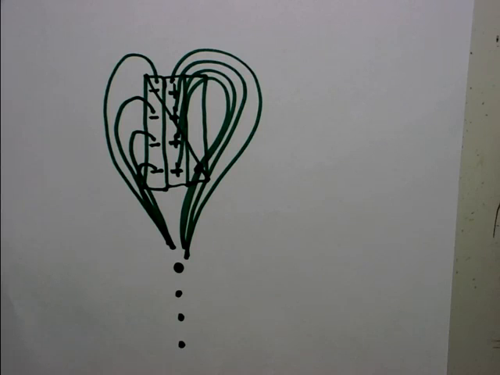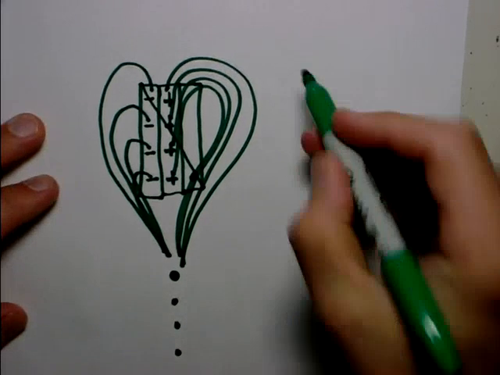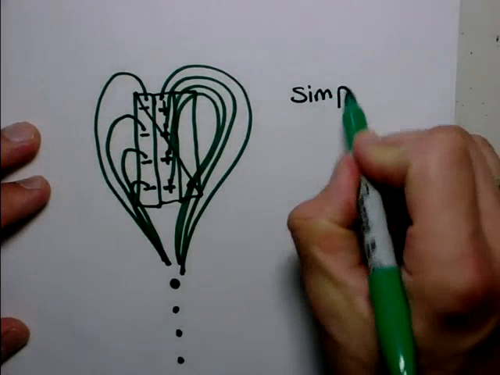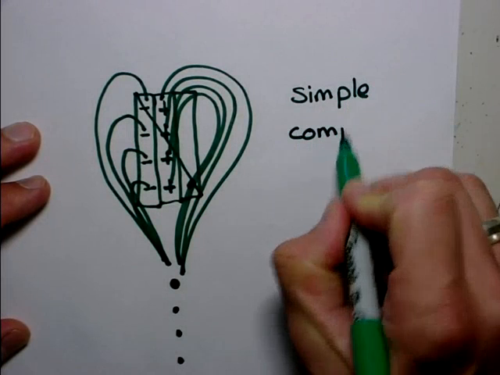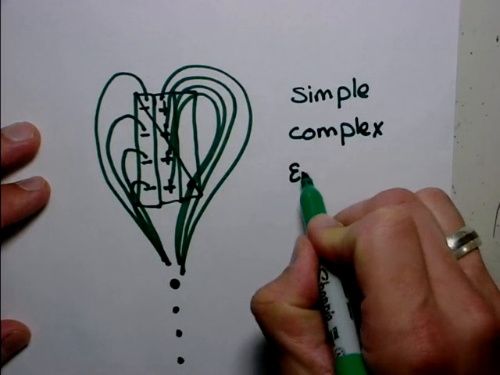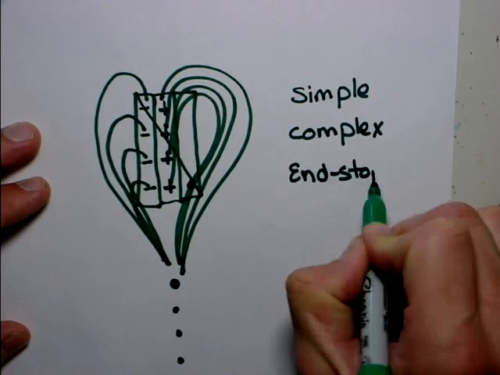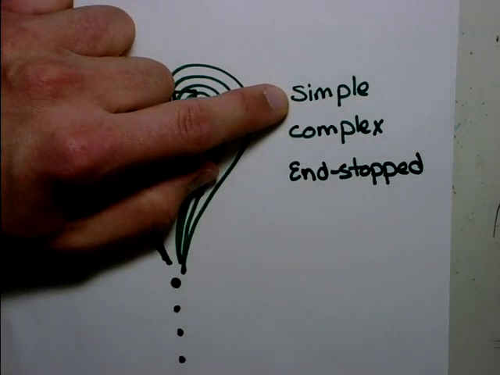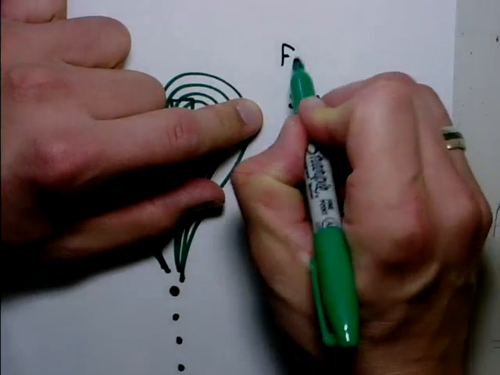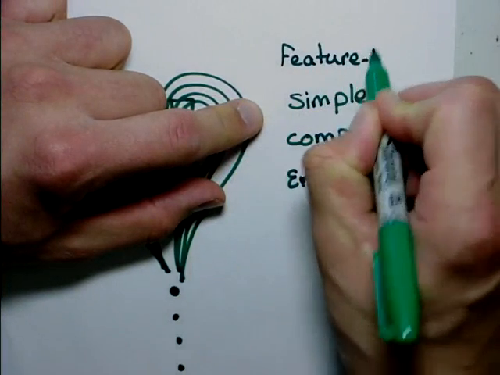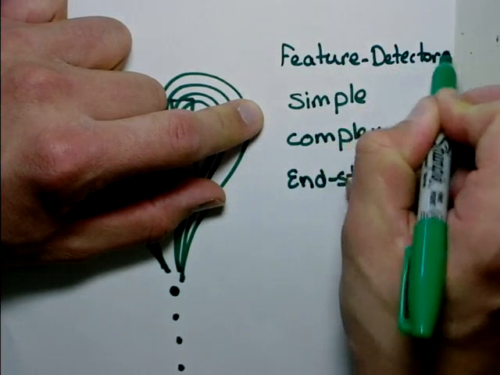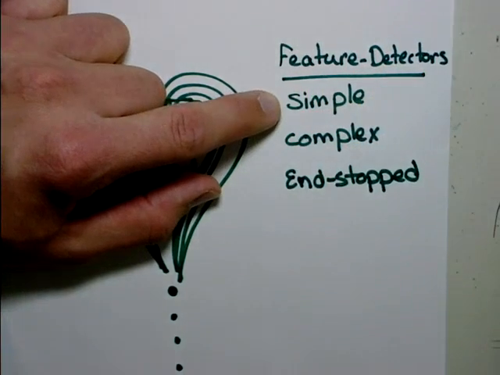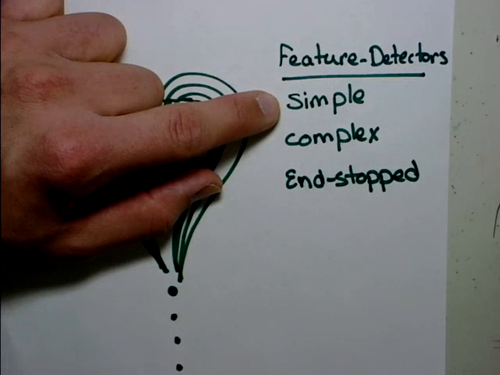Now, you have different types of cells in the striate cortex. You have simple, complex, and end-stop. These are all called feature detectors. Simple cells in the striate cortex. Where's the striate cortex?